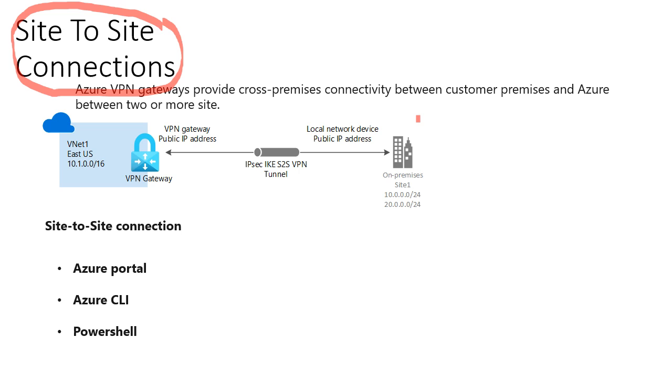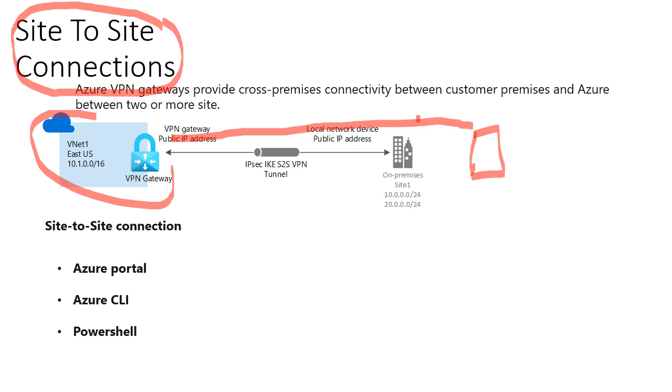So this is one site, there can be one more site somewhere, and then you can set up one more tunnel for that site from the same virtual network gateway. So it can be single site to single site, it can be between multiple sites on cross-premises, or it can be between your virtual network on Azure and another virtual network on Azure in a different region or the same region, based upon your requirement.